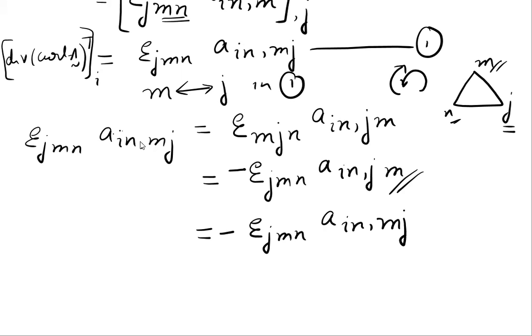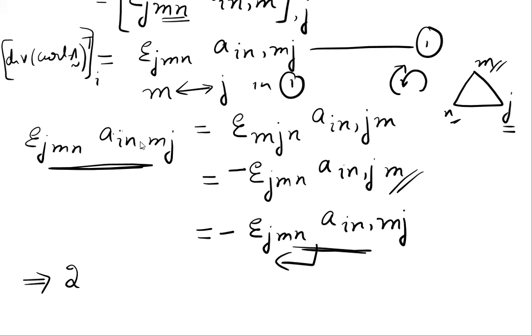Now look at the LHS and RHS of this. Is it not the same? See, epsilon jmn a in comma mj is equal to minus epsilon jmn a in comma mj. So we'll take these two on one side. Same terms get added up.